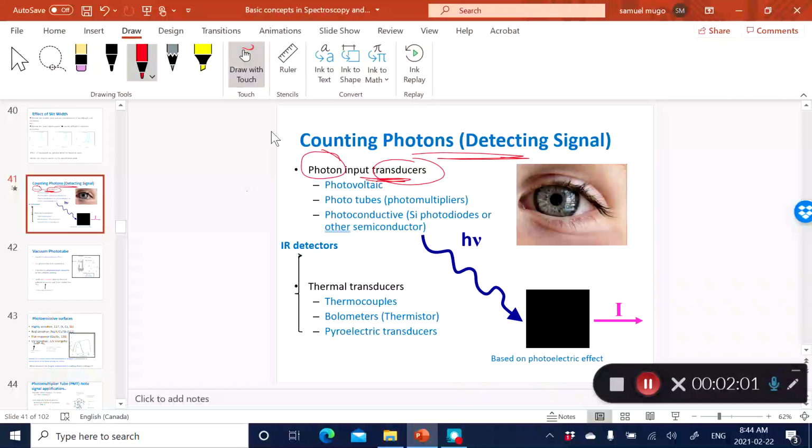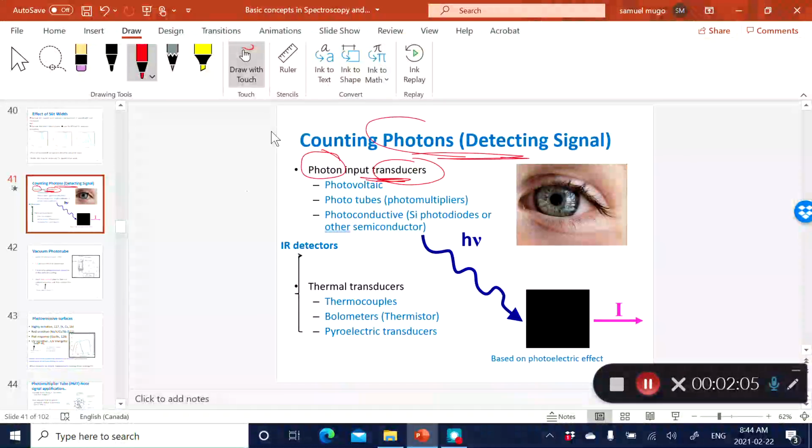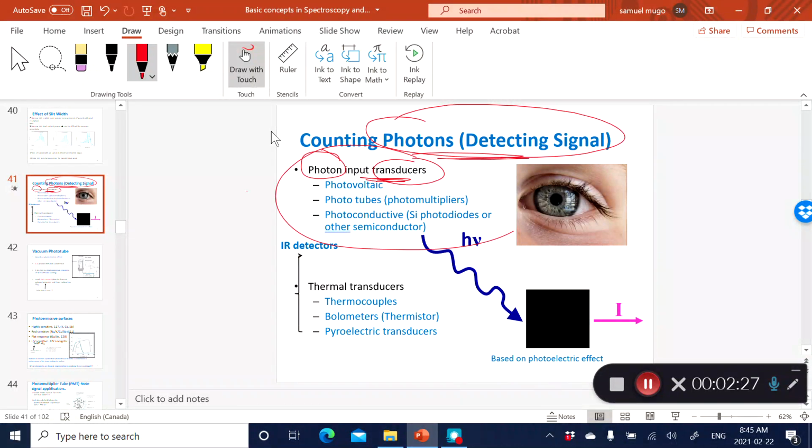And so as you would imagine, as far as the figures of merit are concerned, the type of detector that you use highly impacts the sensitivity of your instrument, and so what I'm saying is it is a very, very important component in the instrument. Now, there are many types of detectors out there, but you would realize most of them are based on what you refer to as the photoelectric effect.